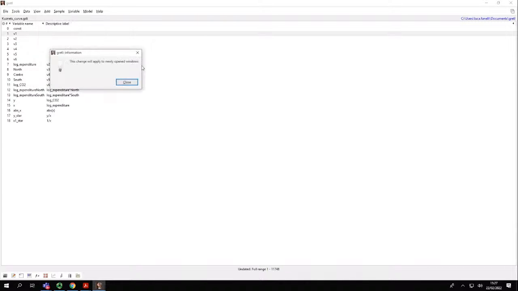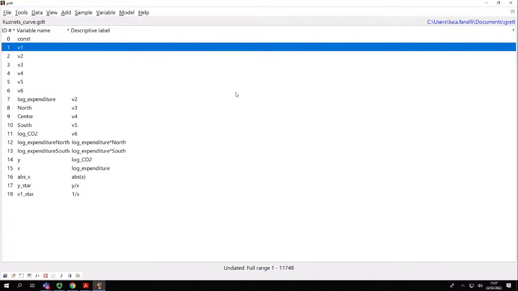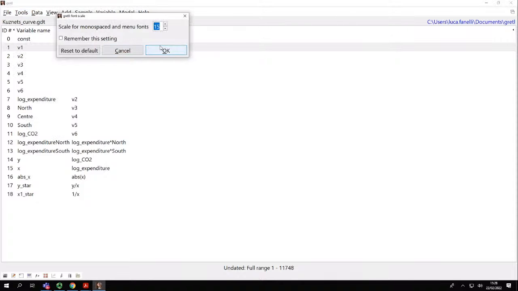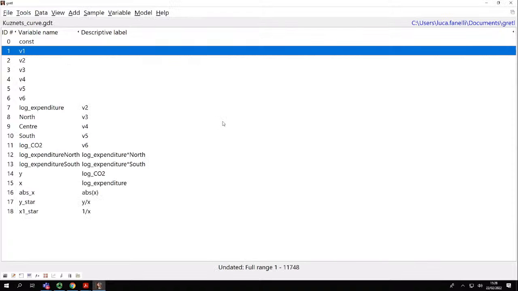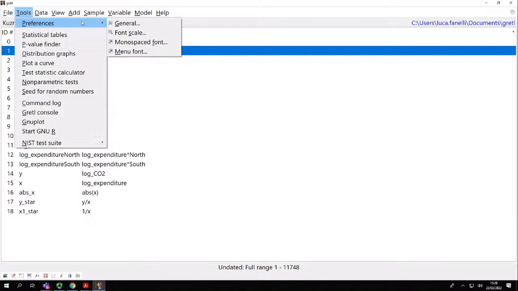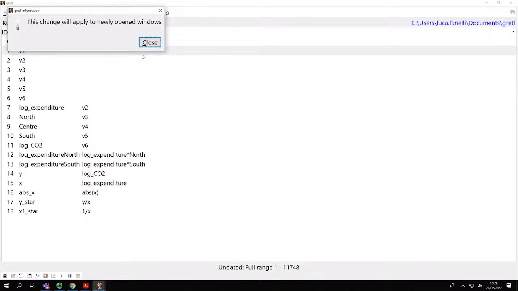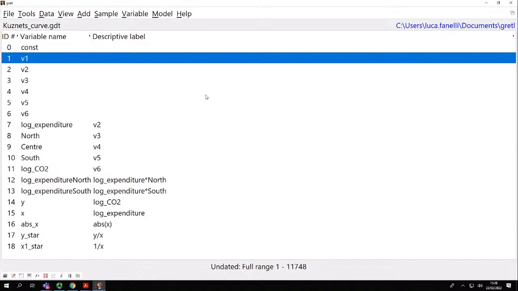Let me put 15. Can you see my screen? I increase a little bit. Font scale 17. Even a little bit more. Font scale 20. Okay, 20 is fine.